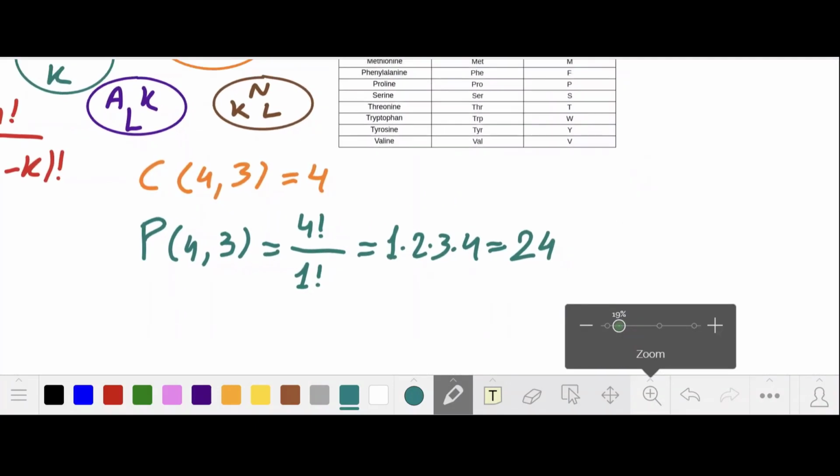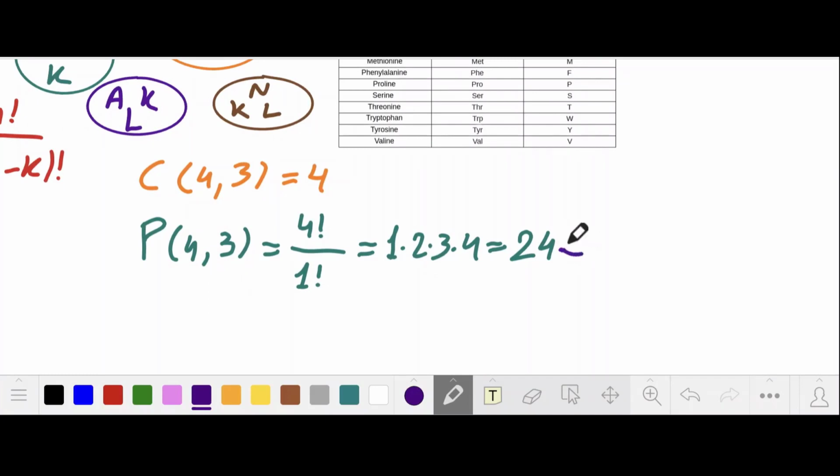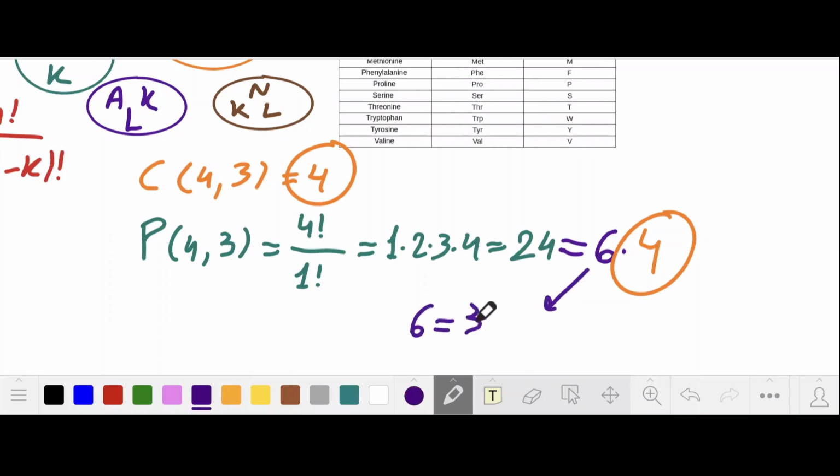total. Notice that the amount of permutations is 6 times as big as the amount of combinations of those amino acids. And in fact, 6 is equal to 3 factorial.